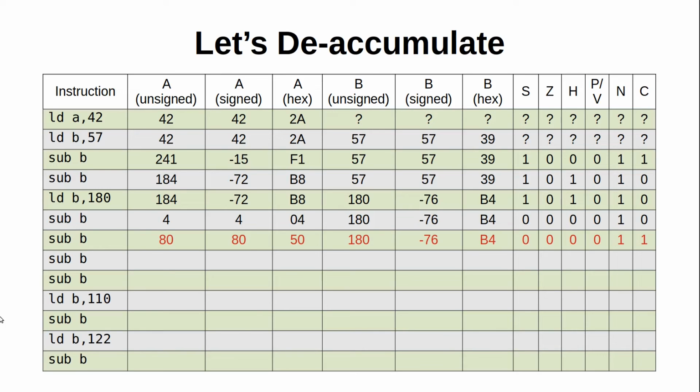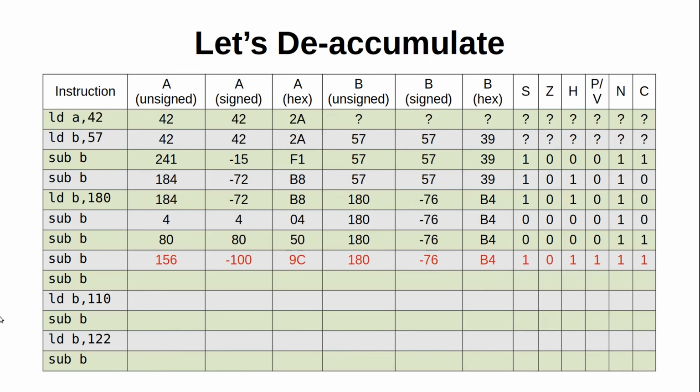Next we have another subtraction. 80 minus 180 gives us negative 100, of course, and the lower 8 bits is the same as the value 156 when unsigned. So we get a carry as expected, but we get an overflow too, even if the signed result matches the unsigned difference.